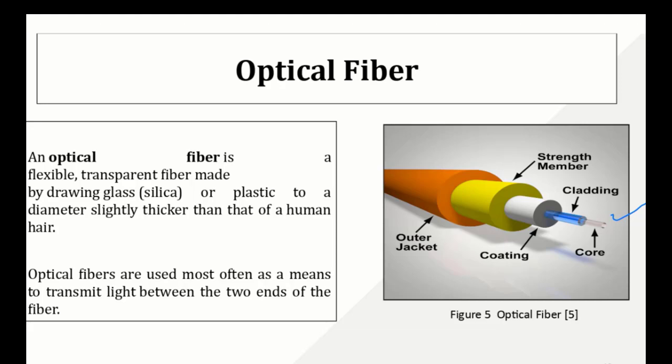These materials are very thin and delicate, because their thickness is very small. To avoid any kind of damage, we cover them with a material that has more strength than the cladding and the core. That material we name the buffer, because in an optical cable we have bundles of optical fibers, and we need to protect them.